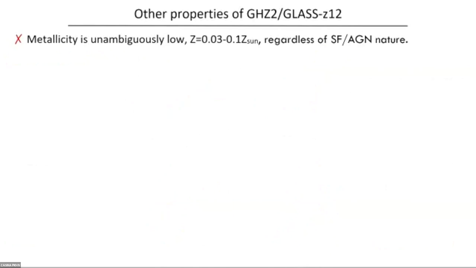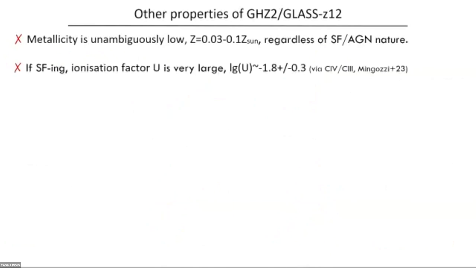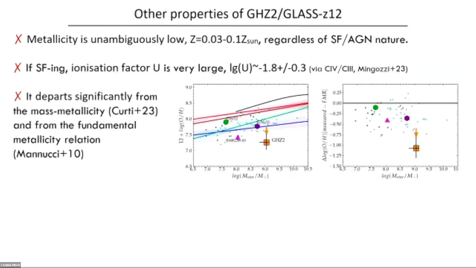The first, as I said, is the metallicity. If you play not only with the continuum, but with the lines, it is unambiguously low, whatever the nature, even in case of AGN or star forming. The ionization parameter, if it is a star-forming galaxy, is very large, of the order of minus 1.8, which again points to a very high ionization rate, a very high density of ionizing stars in the galaxy.